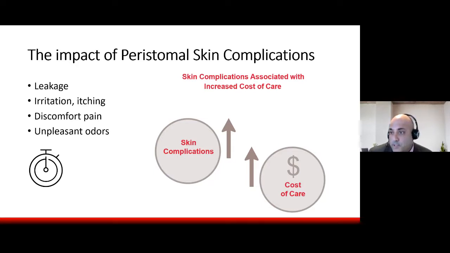Also, if there's leakage, there may be unpleasant odors or staining on one's clothes or other surfaces, and that is unpleasant. But my overall point is it affects one's quality of life. There's a risk for skin complications, and of course, the overall cost of caring for your ostomy will go up.